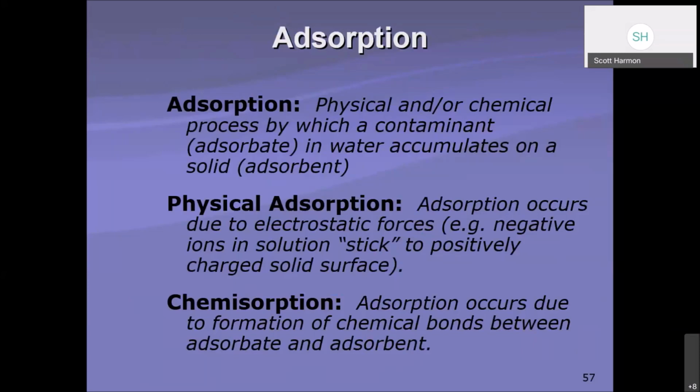If iron is normally a positive charge, as is arsenic, and I'm going to have a chemical adsorbent or a filter media adsorbent, I'm going to need the opposite charge to get it to stick like a magnet. That's why the physical adsorption properties are important. You wouldn't want to choose the wrong coagulant or the wrong type of filter media to do this. Chemisorption, adsorption occurs due to formation of chemical bonds between the adsorbate and the adsorbent. So to a certain extent, coated medias and things like that can have a chemisorbent effect as well.